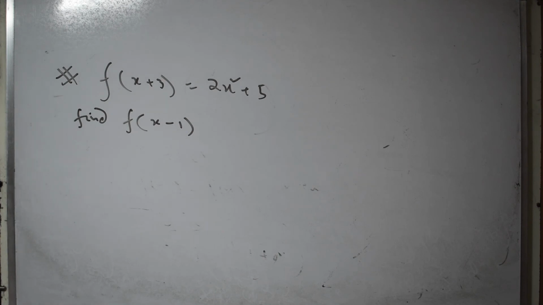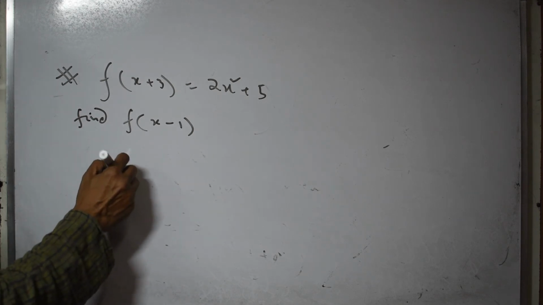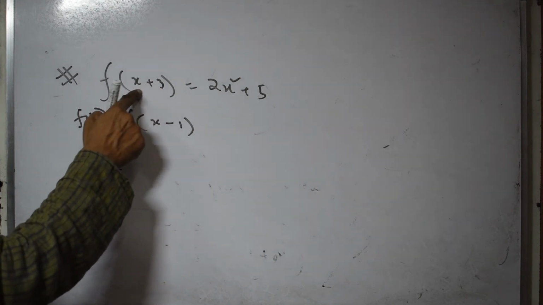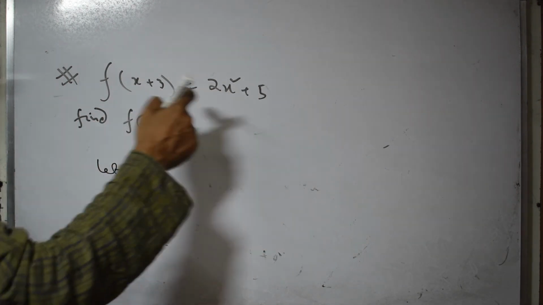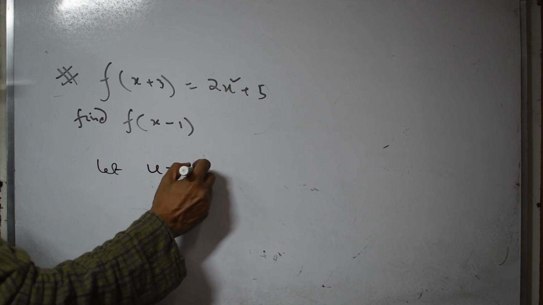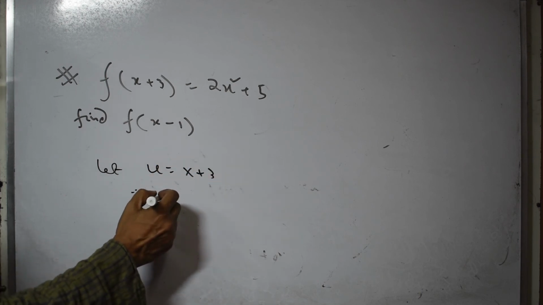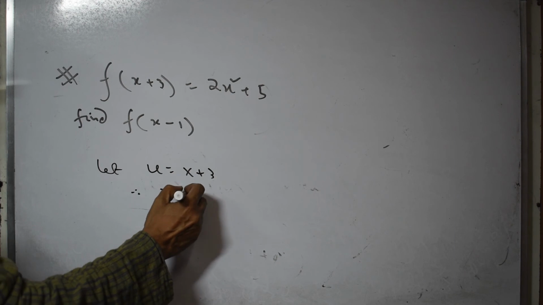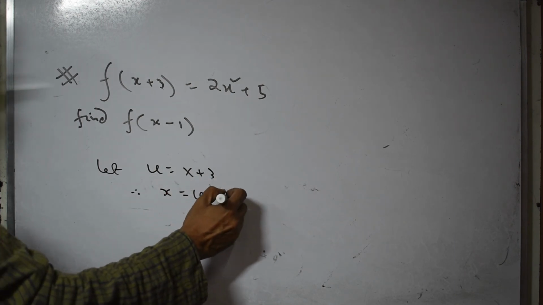It is a better approach. If you change the variable like this, let u is equal to x plus 3. That means what is x? X is u minus 3.